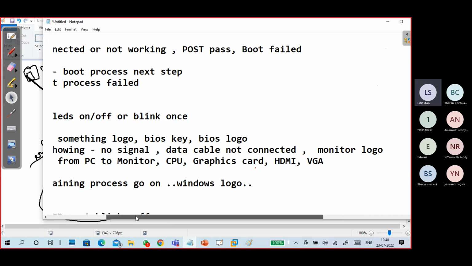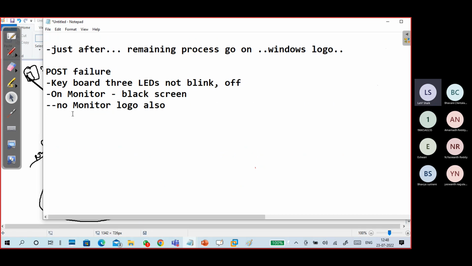But if it is a failure, the monitor logo and no signal message you cannot see. It's only a black screen, a blank screen. No logo, no signal, nothing it shows.